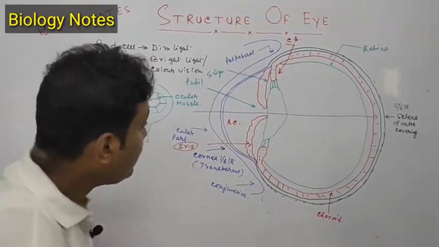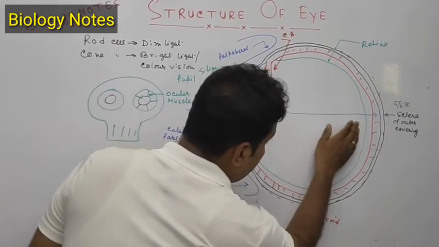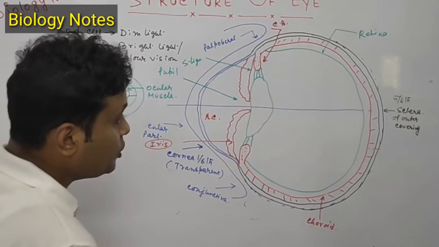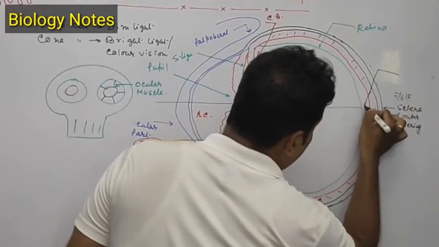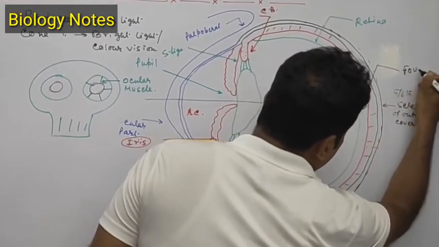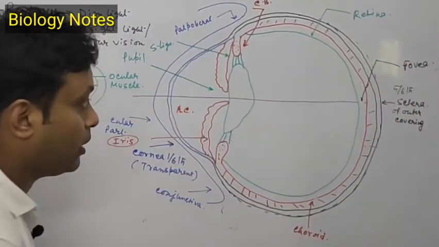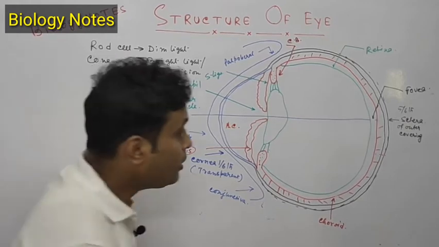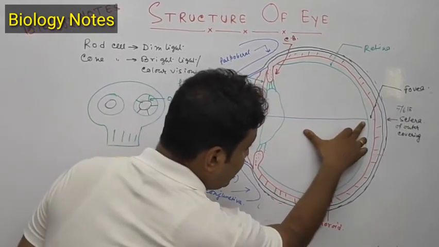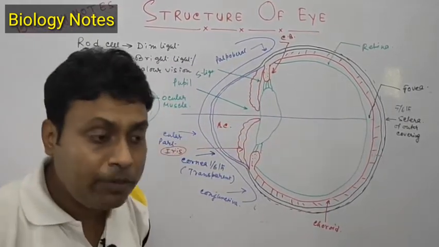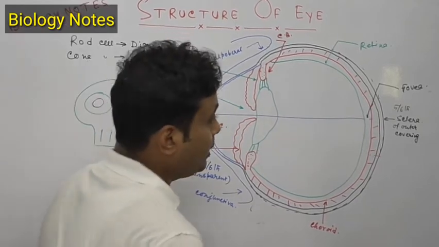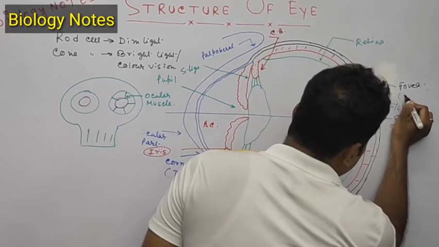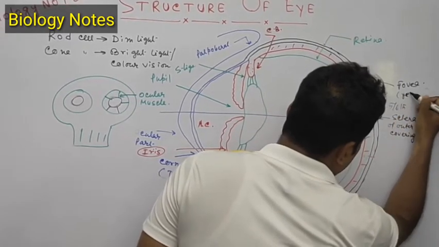Actually, the portion of the retina where light directly strikes is known as fovea. This is very, very important. The fovea is yellow pigmented, so this is also known as yellow spot.